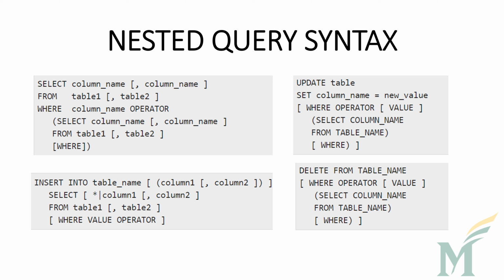Subqueries can be used with the select, insert, update, and delete statements, along with operators like in, between, equal to, less than, greater than, etc. You will notice that I refer to nested queries as subqueries. That's because the terms are pretty much interchangeable.